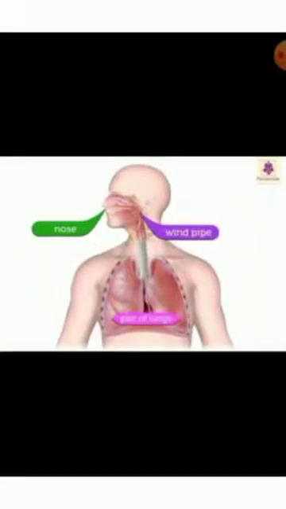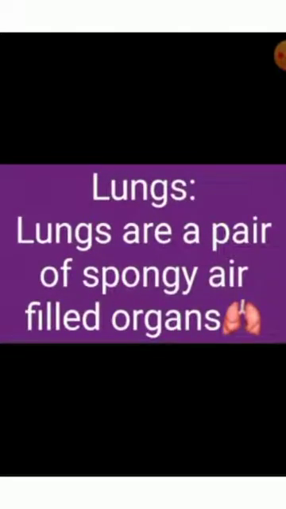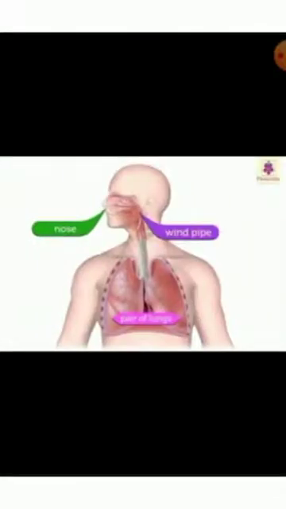Okay, dear students, lungs are a pair of spongy air-filled organs. During breathing, when air enters through our nose, it passes through the windpipe, which opens into a pair of lungs where the exchange of oxygen between blood and air takes place.